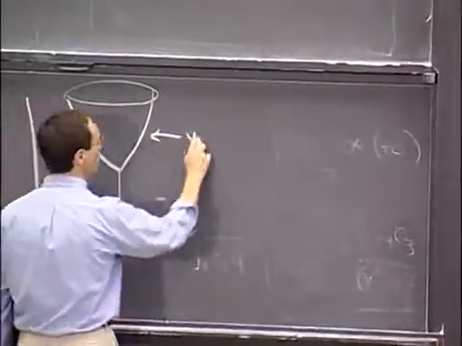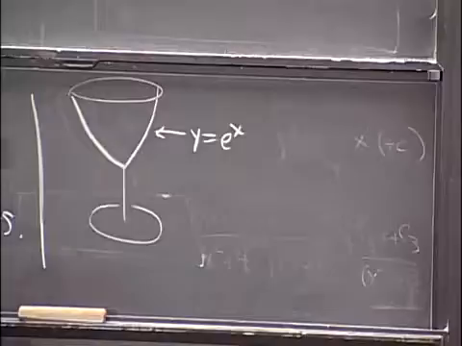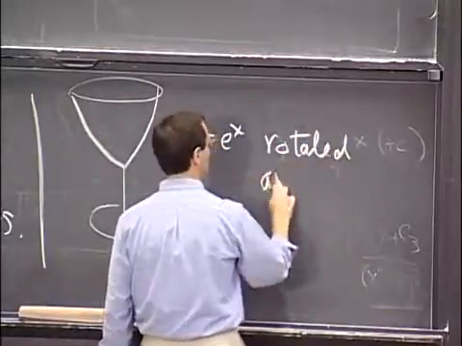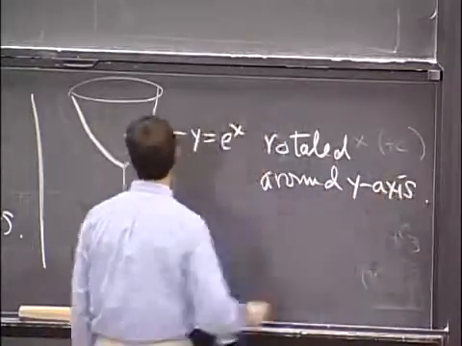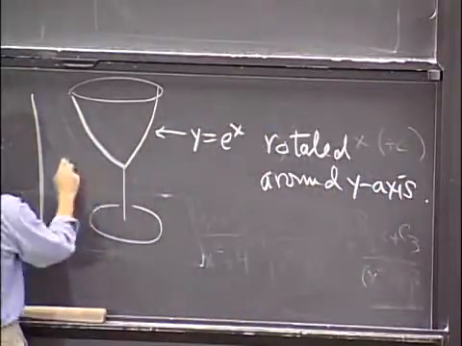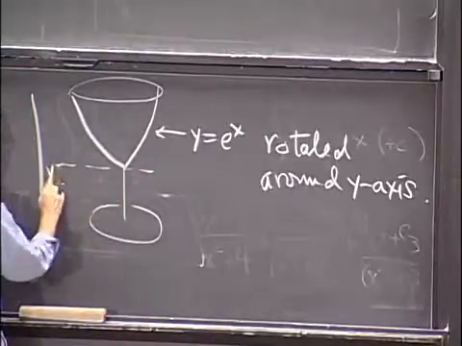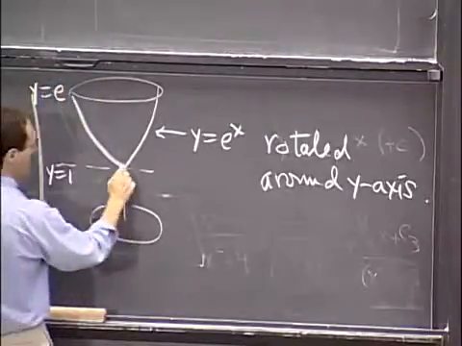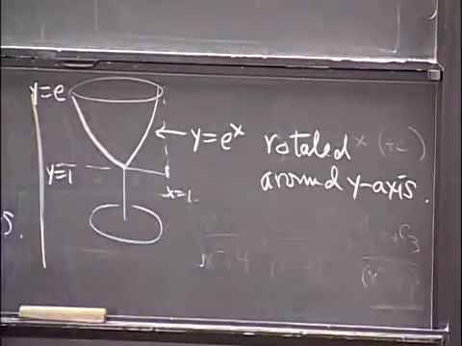This graph is going to be y is equal to e to the x. There, and we're going to rotate it around the y-axis. And this level here is the height y equals 1, and the top, let's say, is y is equal to e, so that the horizontal here coming down is x equals 1. Okay?